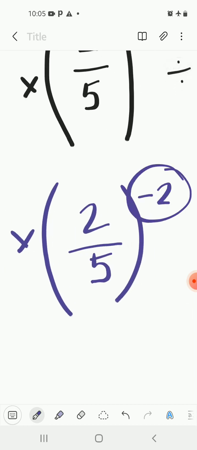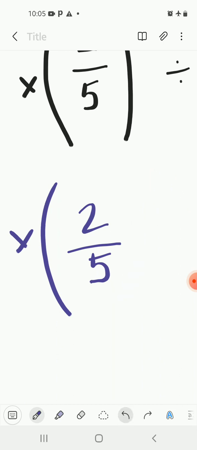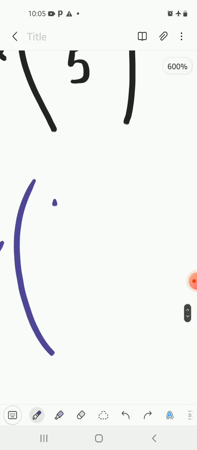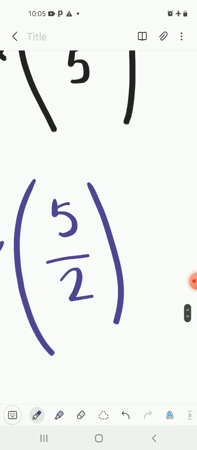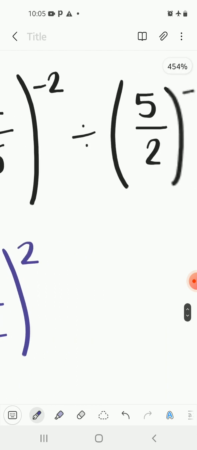So for minus 2, we will use a reciprocal of this. Let's do it in this step as well. That is 5 by 2, and the power will be positive now.